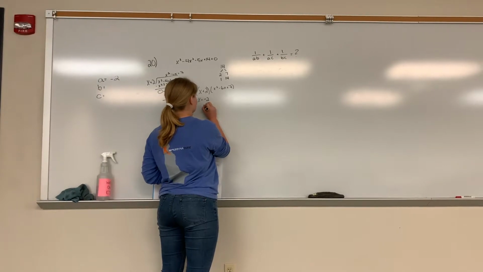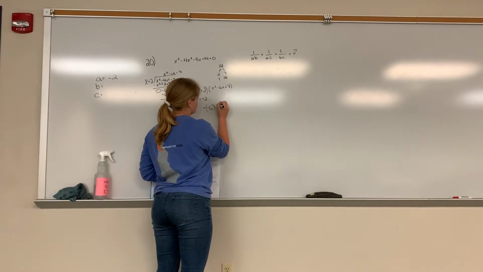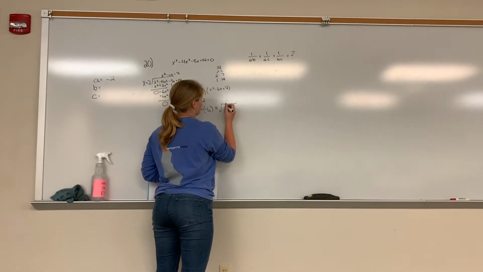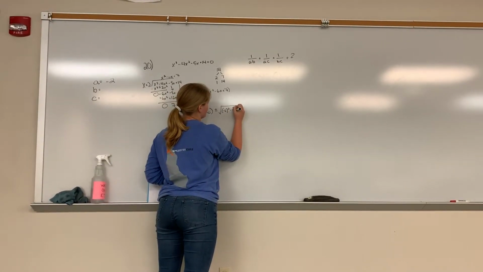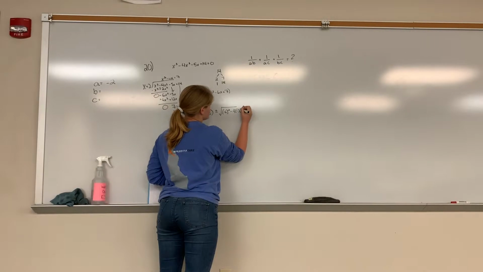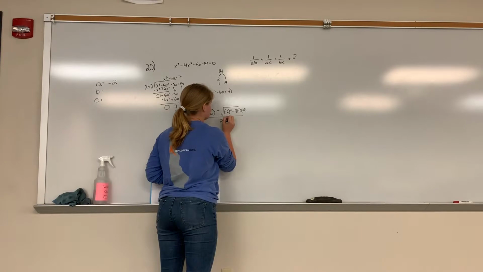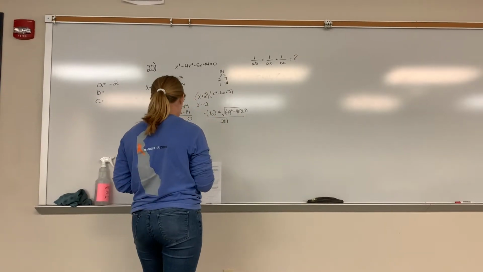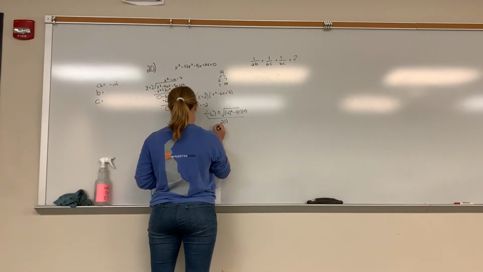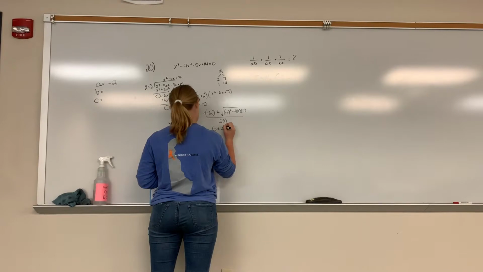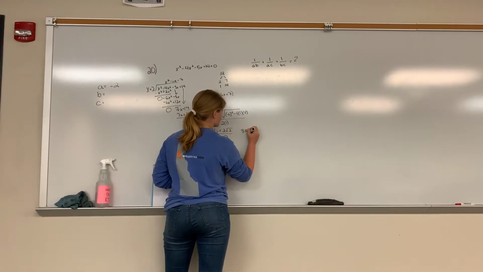So it's going to be negative b. Our b here is negative 6, so negative negative 6, plus or minus the square root of b squared, so negative 6 squared, minus 4 times a, which is 1, times c, which is 7, all over 2a, which is 2. What we get from that is 6 plus or minus 2 square root of 2, all over 2, and that simplifies to 3 plus or minus the square root of 2.